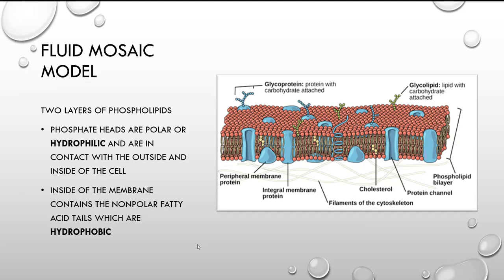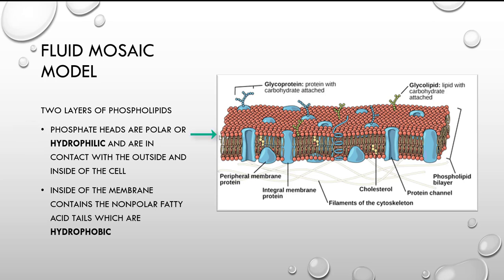So let's talk about the phospholipid part of the fluid mosaic model, or the cell membrane. We have two layers of phospholipids. We already talked a little bit about the phospholipids last week. The phospholipids have the phosphate group, which is the head, or in this case, those little orange balls.